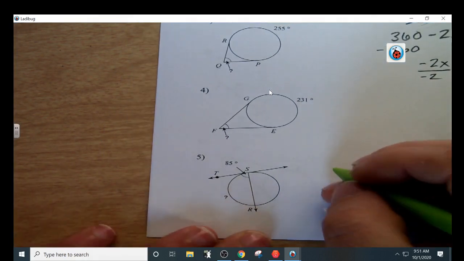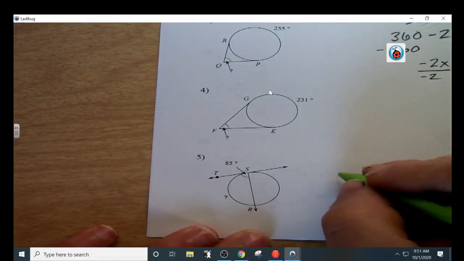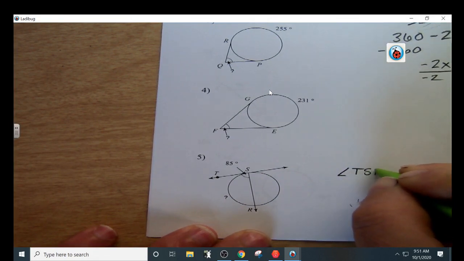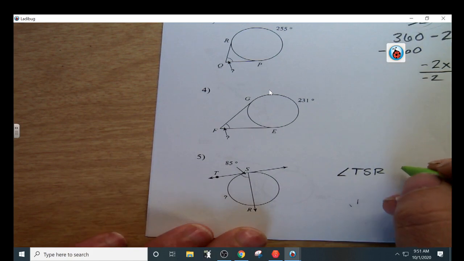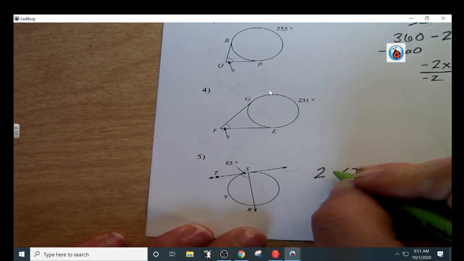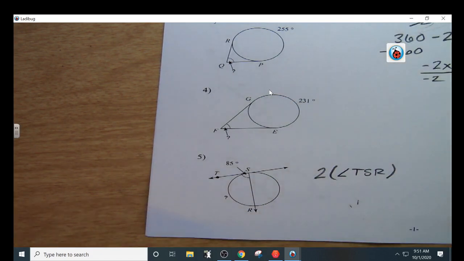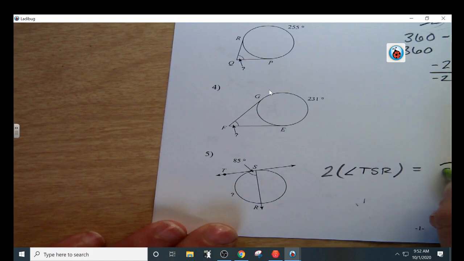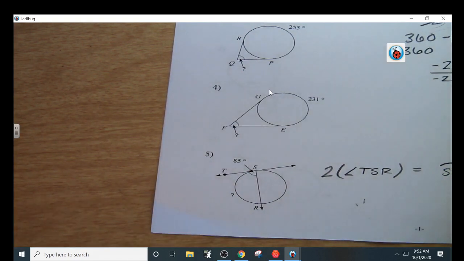All right, now. So two, let's see. 2 times the measurement of angle TSR equals arc SR. Okay.